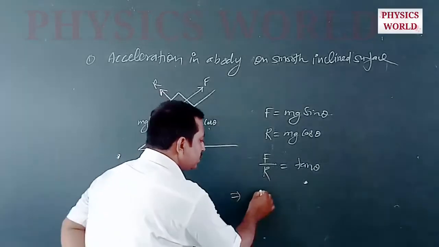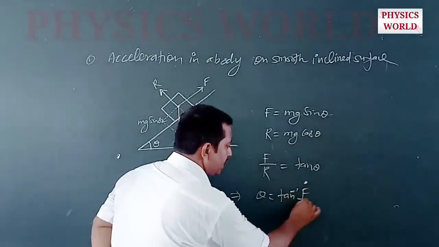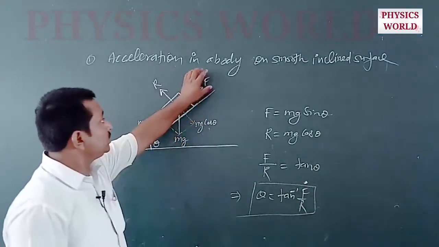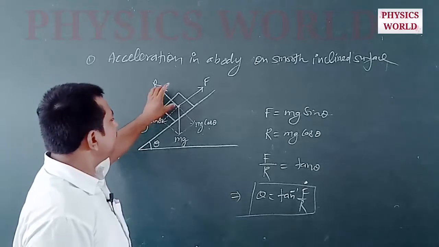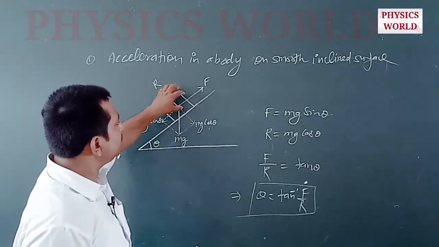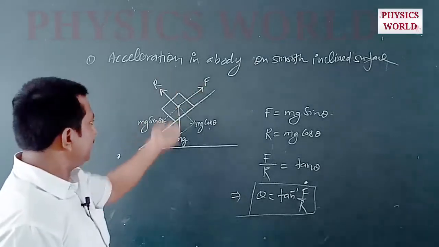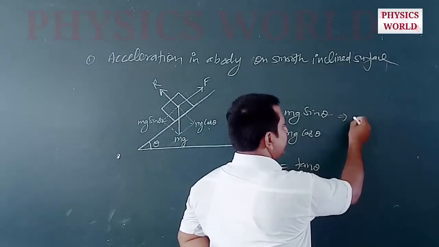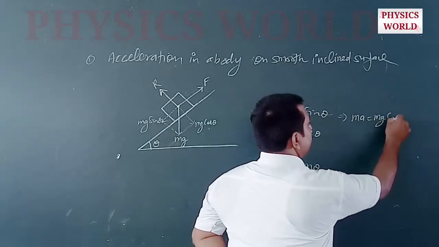So from here theta can be written as tan inverse F by R. If this force balances the object moving downward, and the acceleration produced in this object is a, then this F can be written as ma. So ma equal to mg sin theta.